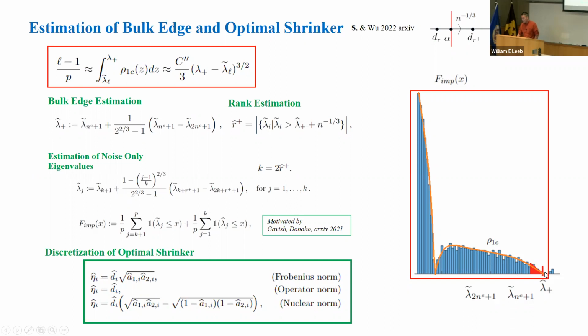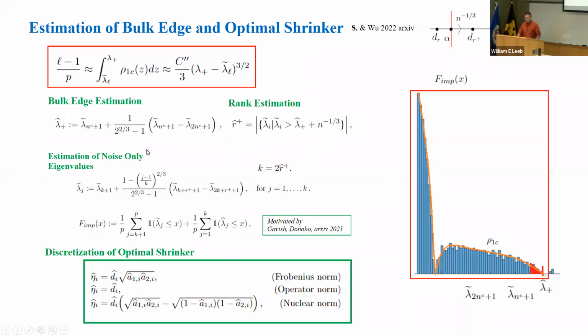Then when I have the estimator of the bulk edge, the rank can be simply estimated by how many eigenvalues are bigger than the bulk edge. And remember our assumption that D1 to D R plus are away from the threshold with the order of n to the minus 1/3. So if we want to recover these signals, the rank R plus corresponds to the eigenvalues bigger than hat lambda plus plus n to the minus 1/3 here. So this is our estimation of hat R plus.